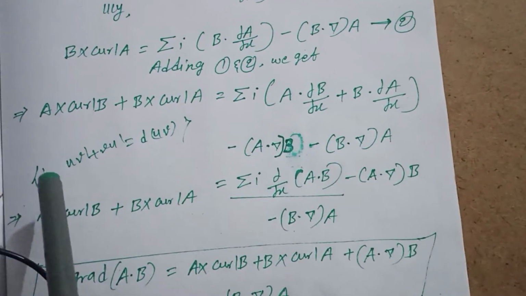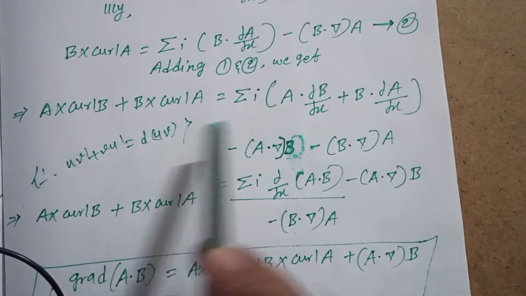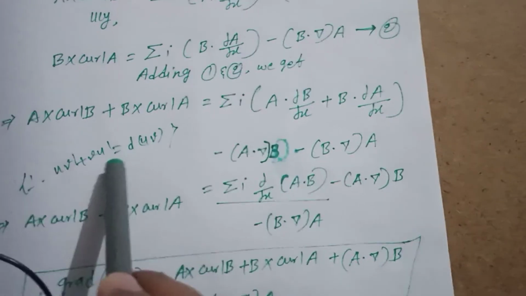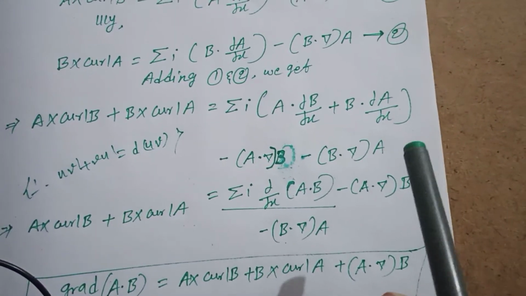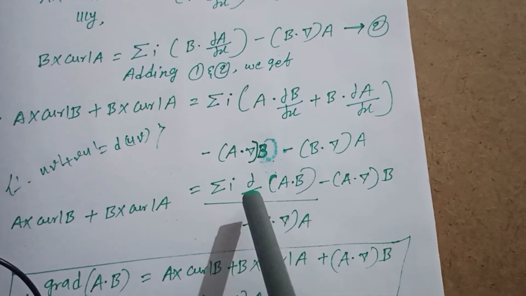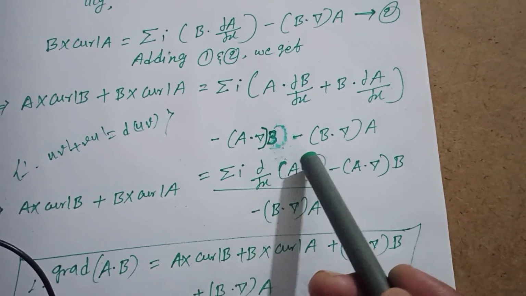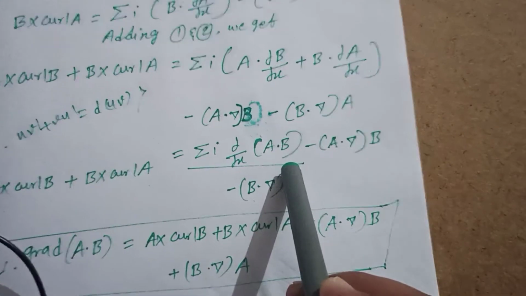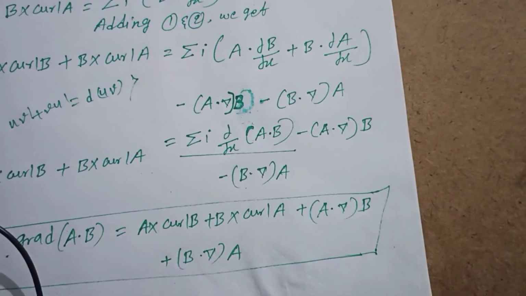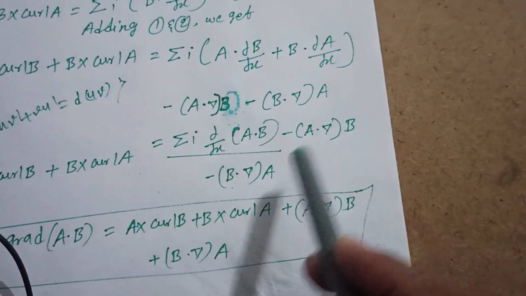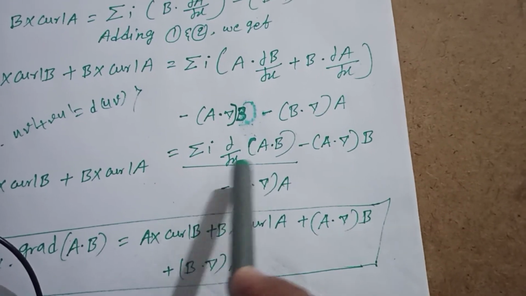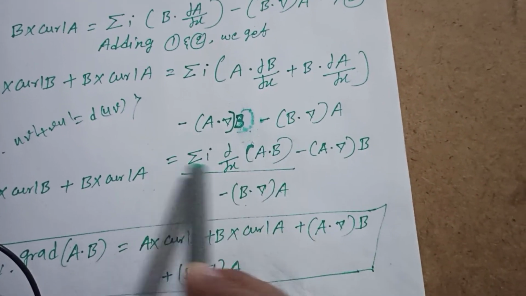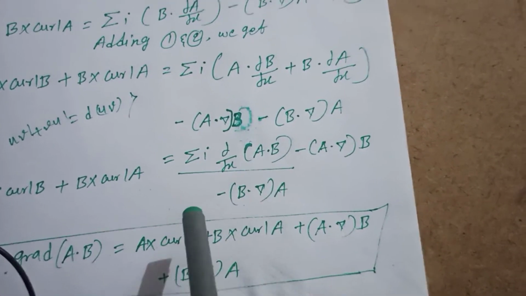It was in this form, UV dash plus VU dash. I am writing in this form, here partial derivative with respect to x, that's all. It was in this form, I am writing in this form here. Okay, see that's all. These two terms will get same as it is. This is the grad(A dot B), this one.